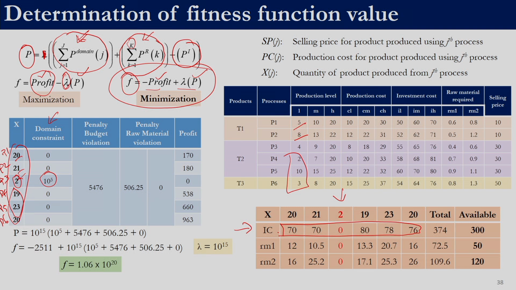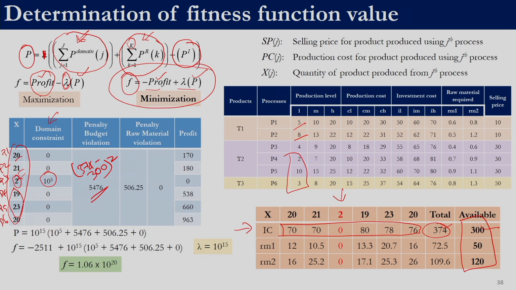The total investment cost is 374, and the budget available is part of the given data. What we require is 374 and what we have is 300. We require more than what we have, so we will incur a penalty. That penalty will be 374 minus 300, the whole squared, which works out to be 5476.